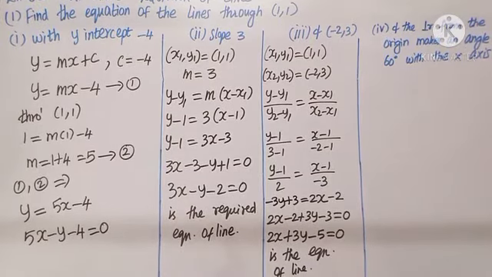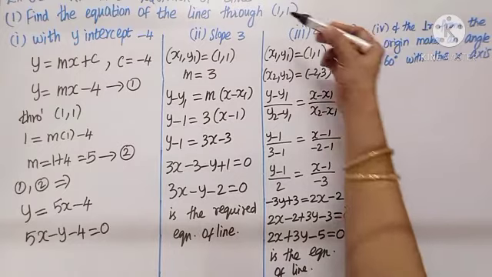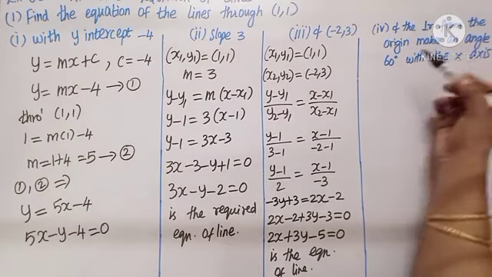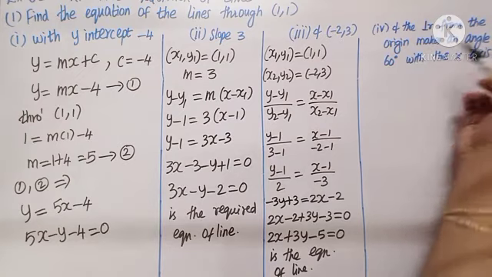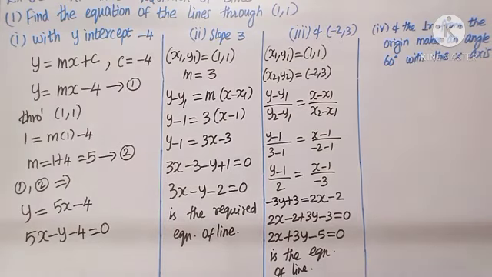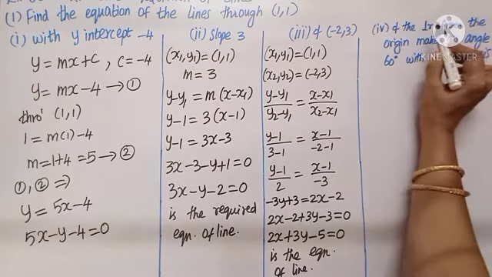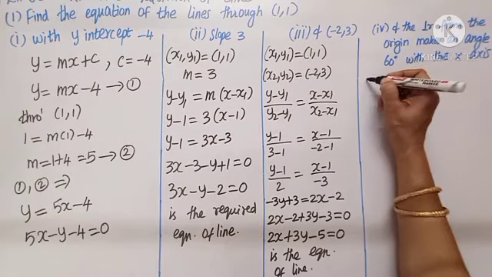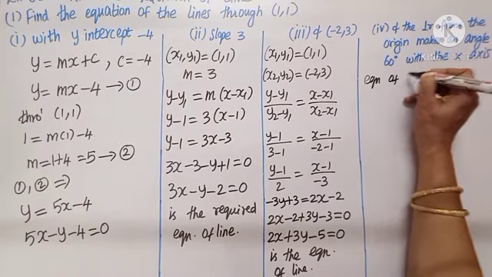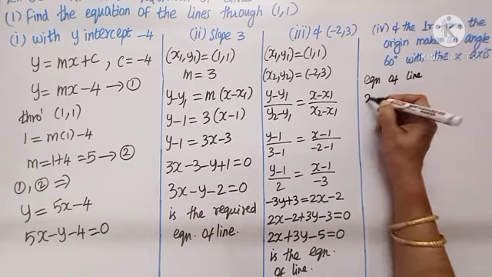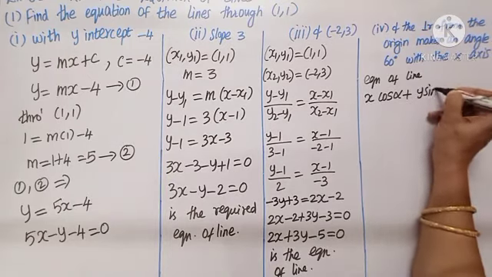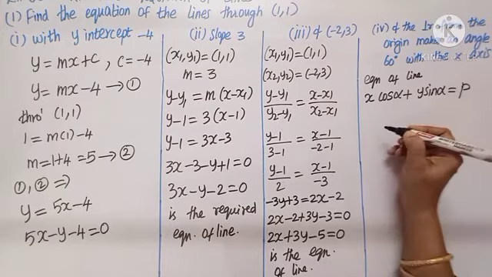The fourth subdivision: passing through 1, 1, and the perpendicular from the origin makes an angle of 60 degrees with the x-axis. Whenever a perpendicular from the origin making an angle is given, remember the equation of the line in this pattern: x cos alpha plus y sin alpha equals p.